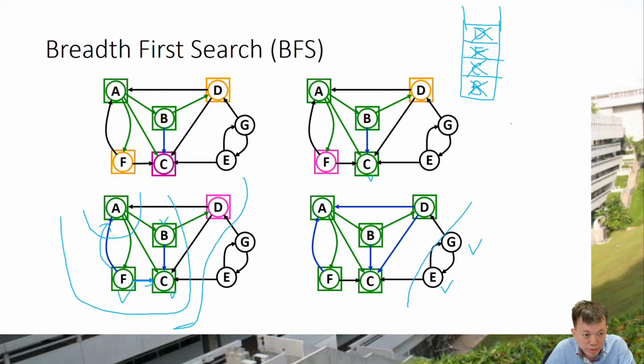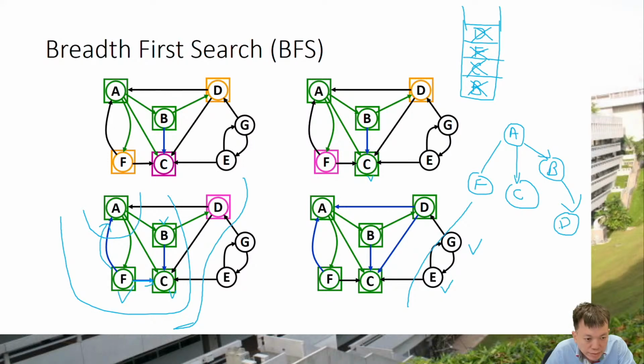Back to this one. So the tree will be A, because A's neighbors are B, then C, then F. Then in this case, I will make D a child of one of them.